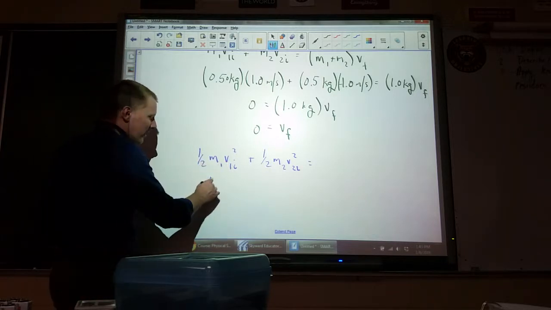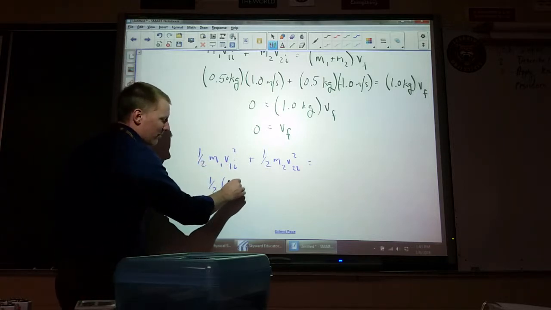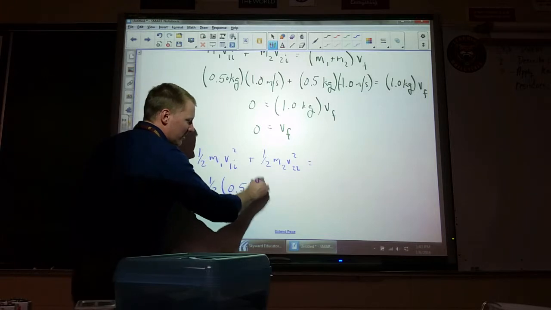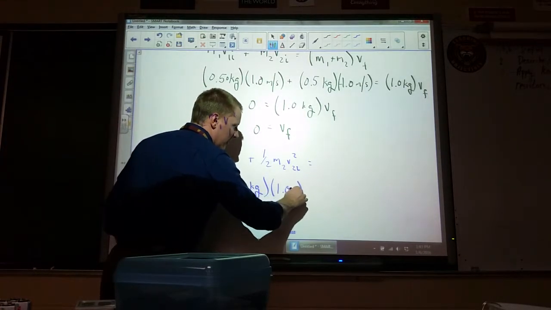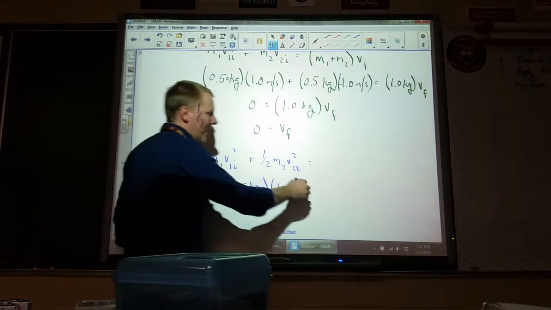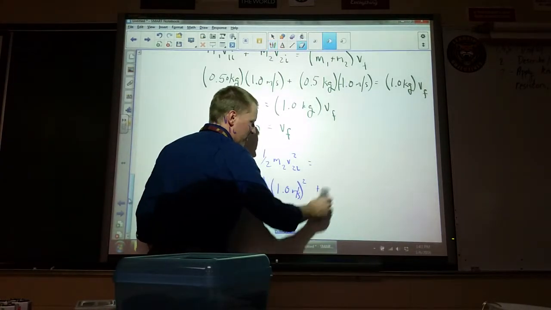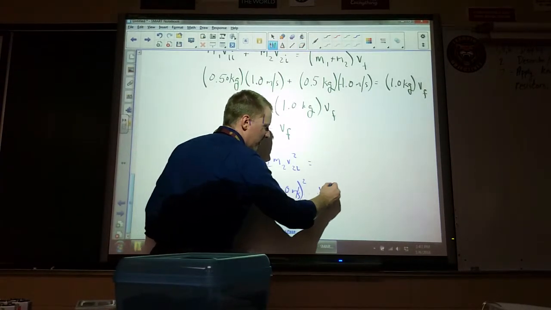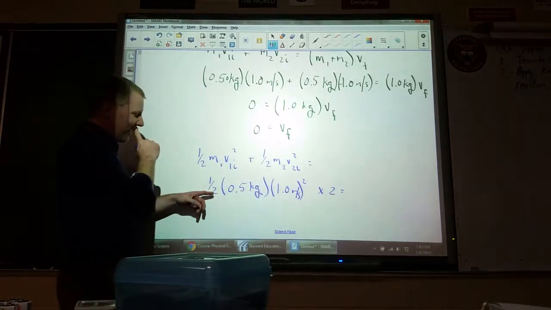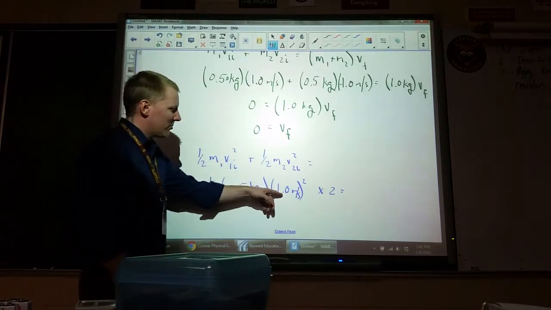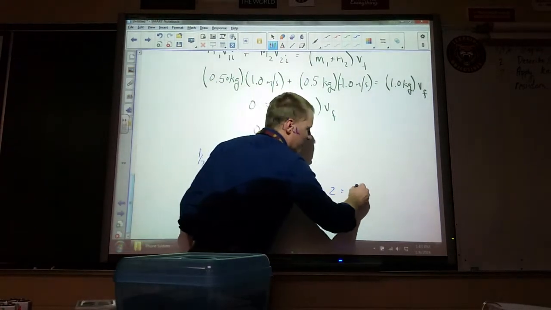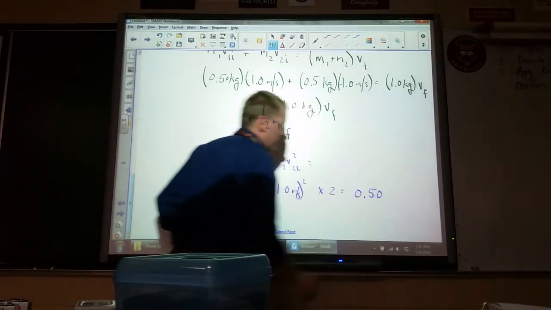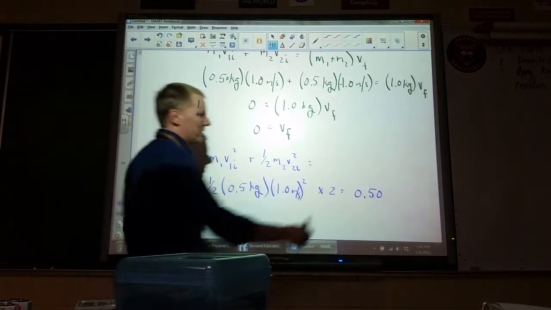So we'd have 1/2 times our mass, 0.5 kilograms, times the square of our velocity, 1 meter per second, and then we'd add it again, so it's times 2, essentially. So beforehand, we have 1/2 times 1 times 1/2 is 0.25, and then multiply it by 2, so we'd have 0.5. The units here would be joules.